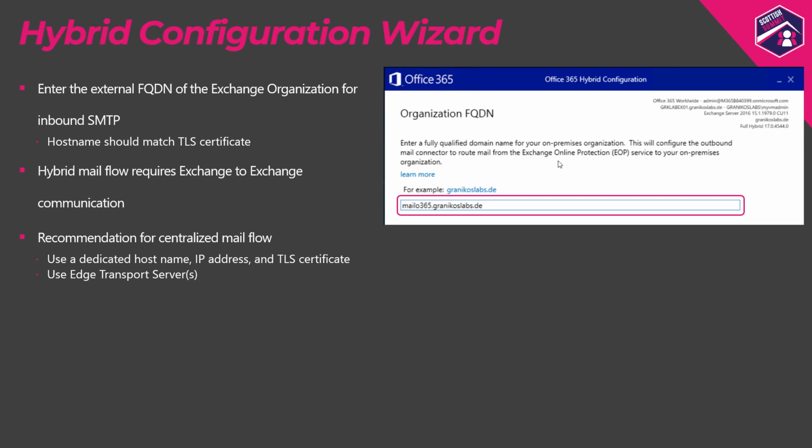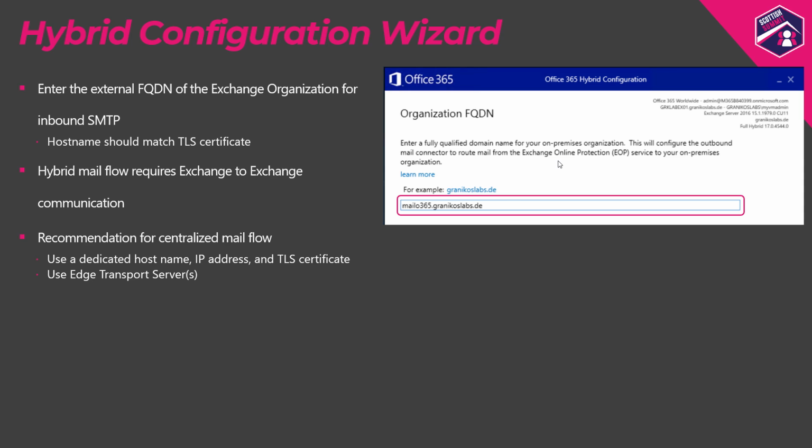As a next step, you must tell the configuration wizard which host name Exchange Online should connect to when sending inbound messages to your Exchange organization. Again, this is a dedicated inbound route if you use centralized mail flow, which is not your mail message gateway, if you have any.